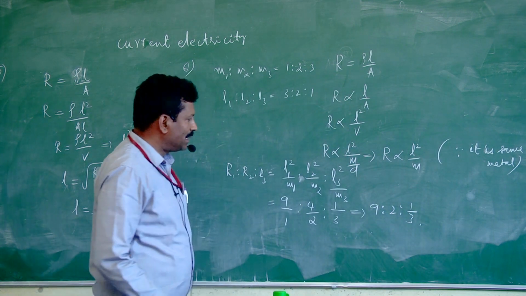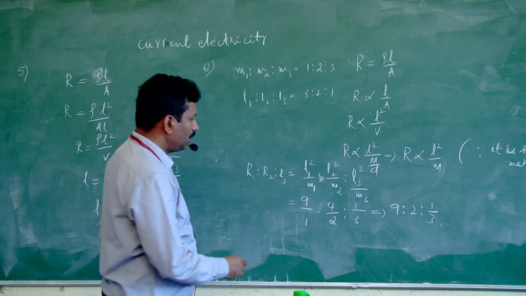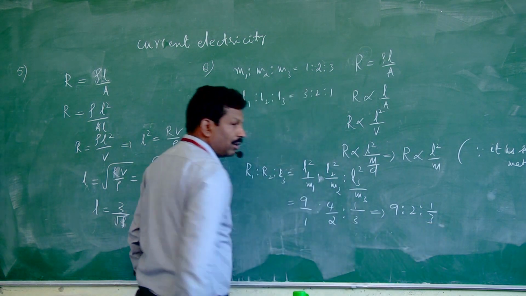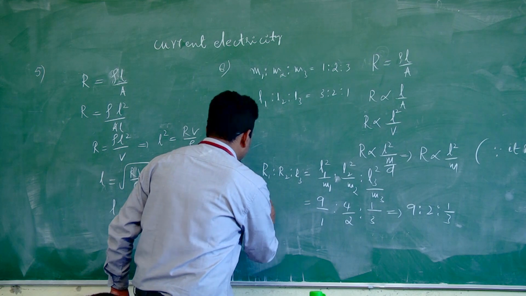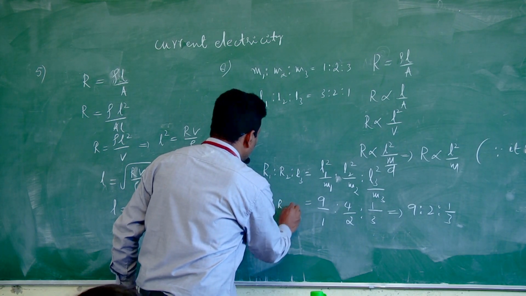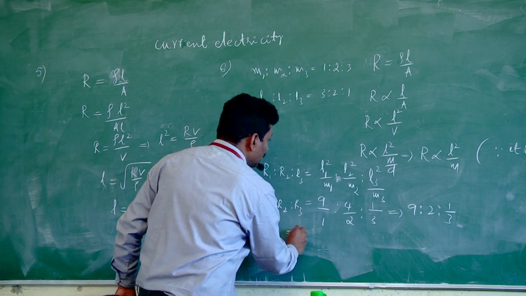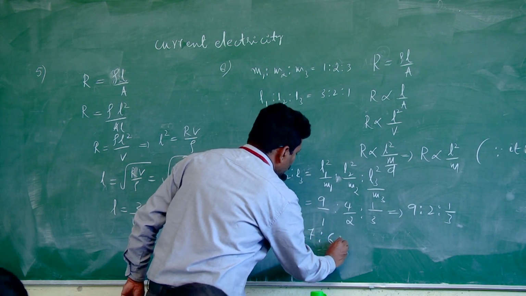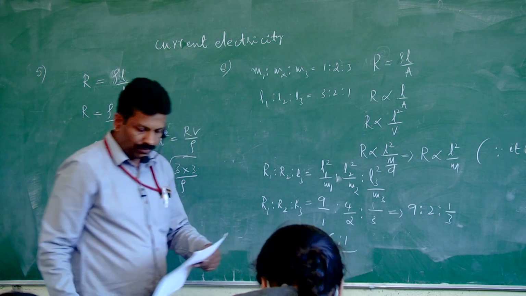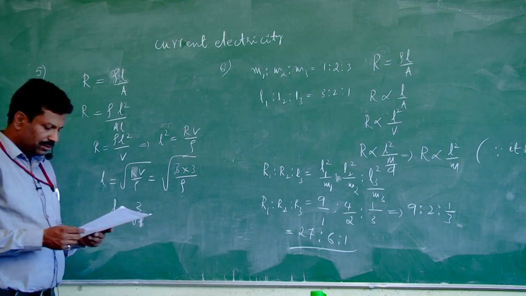Now multiply by 3, because when we get this, we should not have fractions. So R1 is to R2 is to R3 is 27 is to 6 is to 1. So option number D.